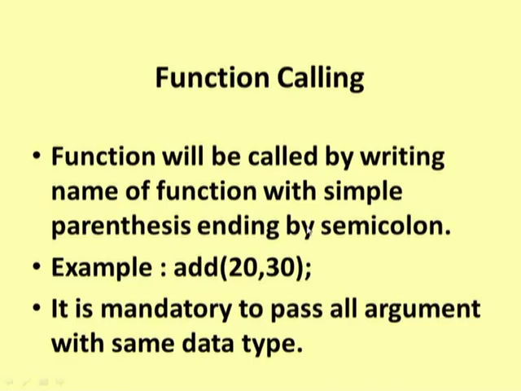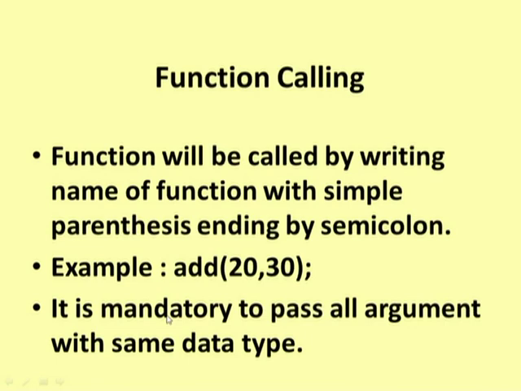So within the main function, I can call this function add and the multiplication, or from the add function I can also call the multiplication function, or from the multiplication function I can also call the add function. So from one function to another function we can call the function, or from main we can call add or multiplication function. Here the function will be called by writing the name of function with the simple parenthesis ending by semicolon. Clear?